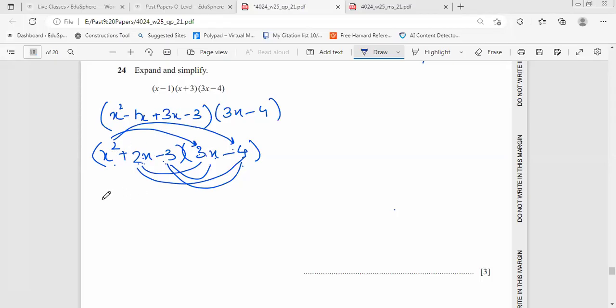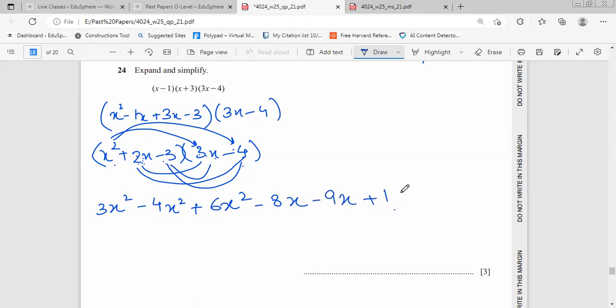So x squared with 3x, I get 3x squared. X squared with 4 is minus 4x squared. Plus 2x and plus 3x, 2 3s are 6x squared. 2x with minus 4 is minus 8x. Minus 3 and 3 is minus 9x. Minus minus plus 12.